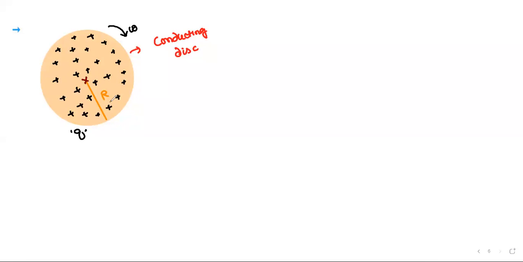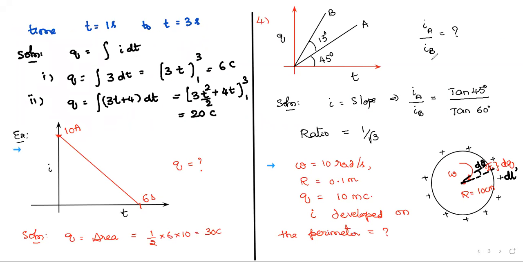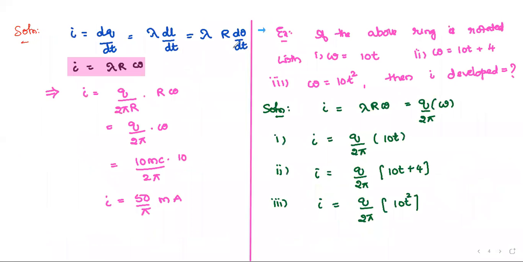Just like how we rotated the ring. In the case of the ring, even though we found some small hiccups, finally without lots of hiccups we got I equals q omega by 2 pi. But here, what disadvantage do you find?